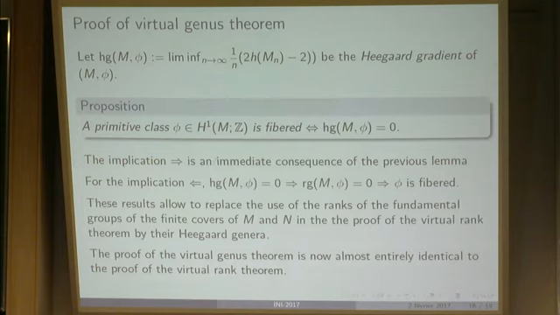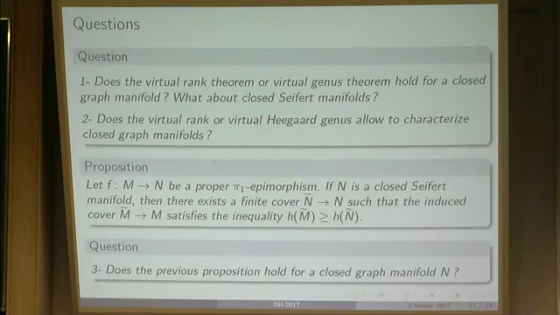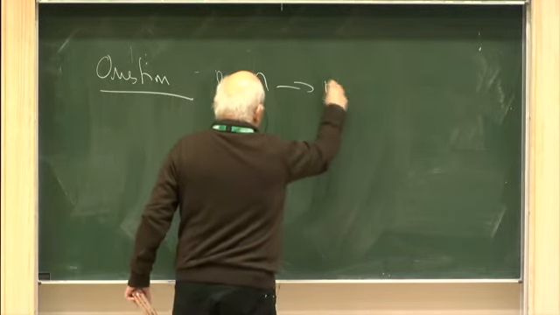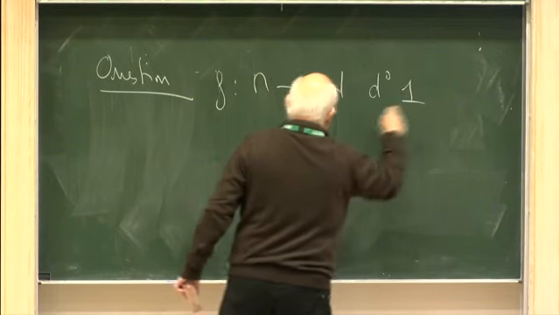So, the question that is perhaps more interesting. We'll start with a provocative question. A question, for me, interesting, is: you take a degree 1 map, M small.